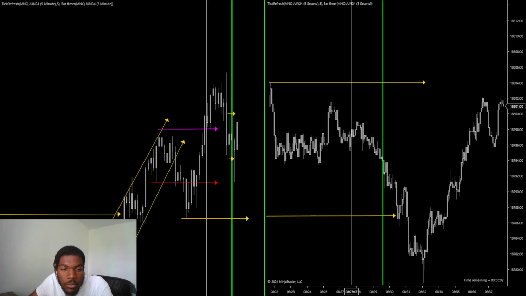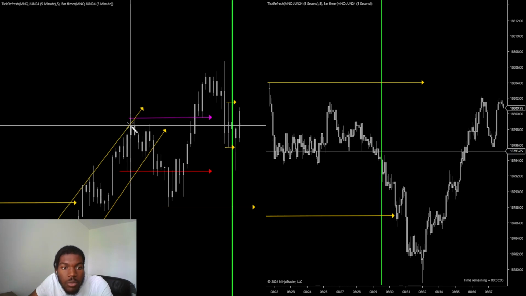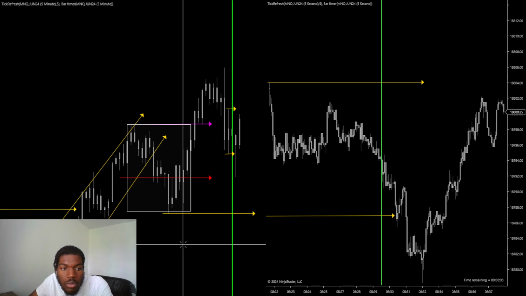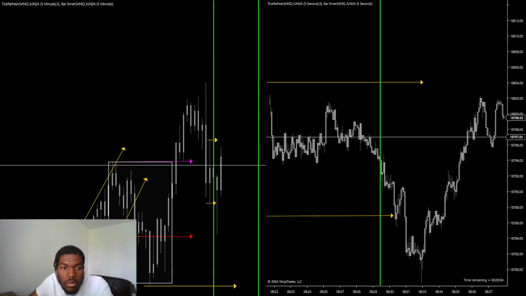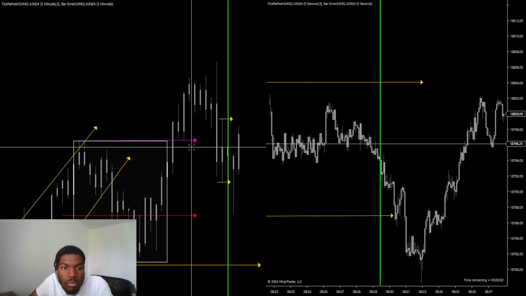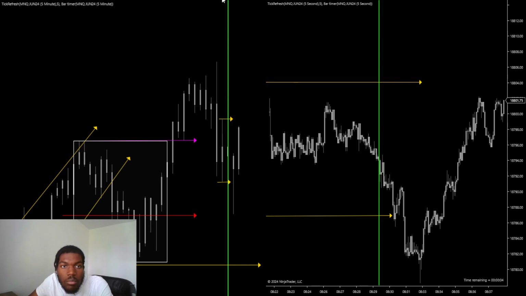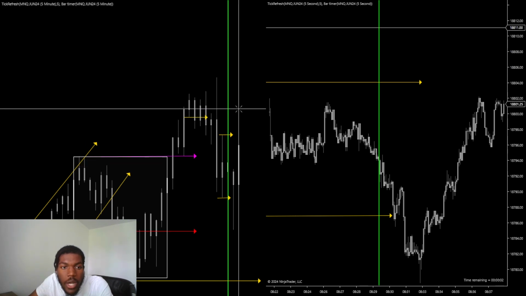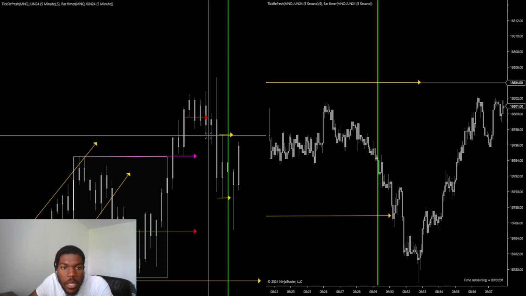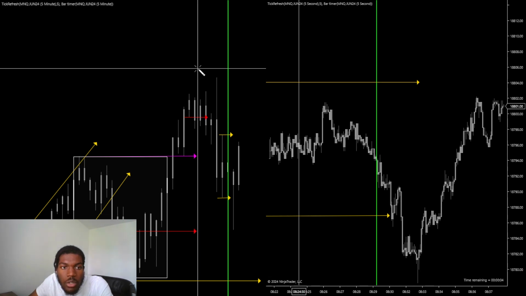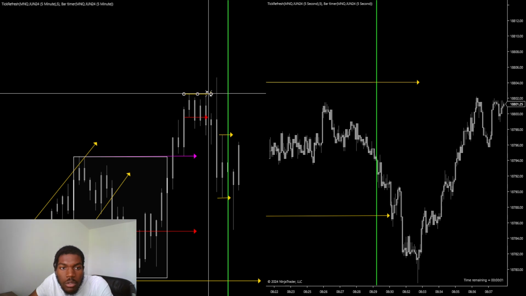On the 5-minute, we pay attention to the last previous range. This is what I see. This is the last up candle. You see a move below it. What do you see after?